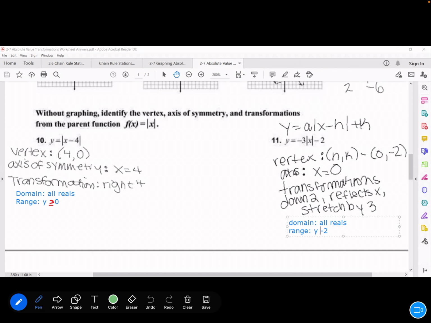The reflected changes it from greater than to less than. And once again, it's always equal to.